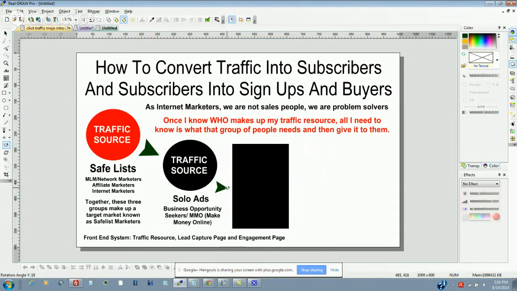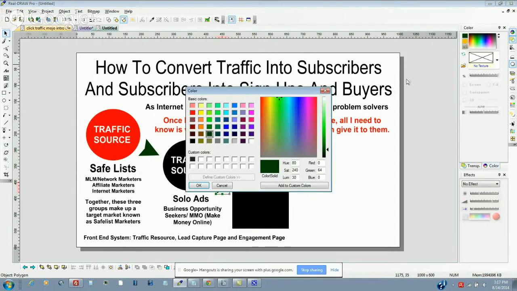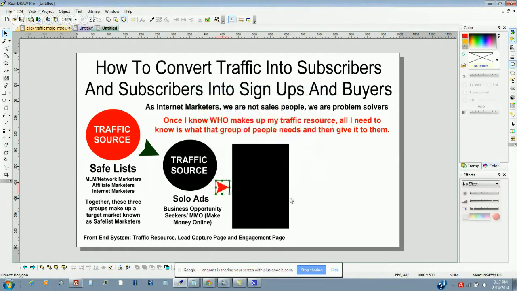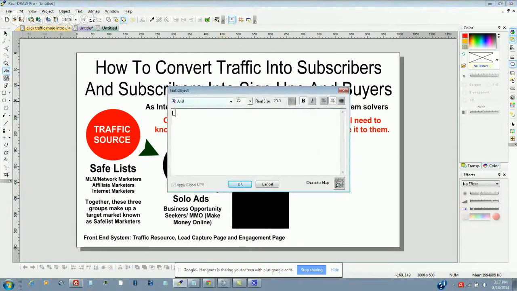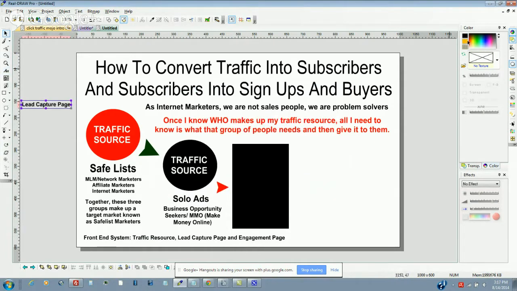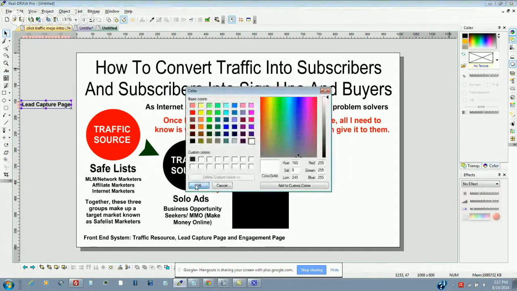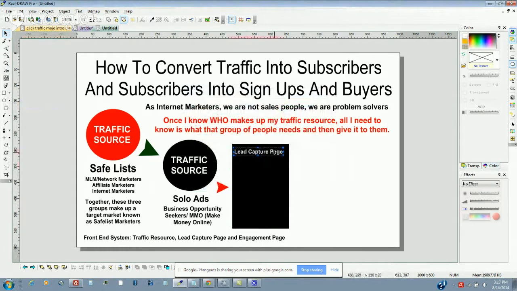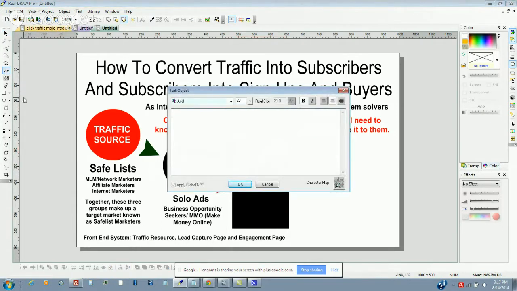And who said elementary art class wouldn't pay off in the future? Okay. So our traffic then goes to our lead capture page. Okay, and our lead capture page consists most generally of a headline.